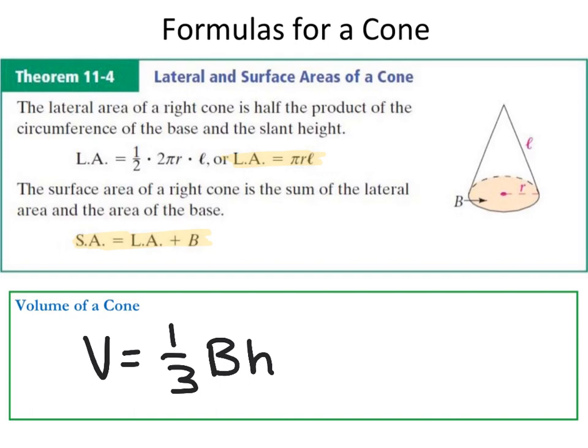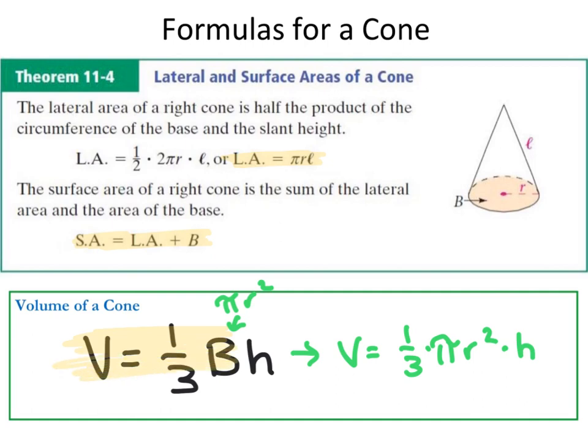So our base is always going to be pi r squared. So I could really rewrite this as V equals 1/3 times pi r squared times the height. However, we should remember to focus on the fact that the volume equals 1/3 times the area of the base times the height.